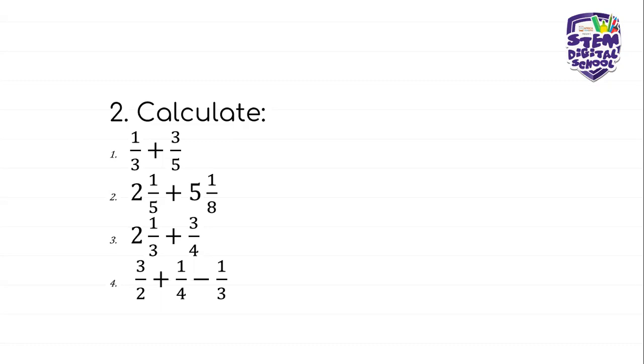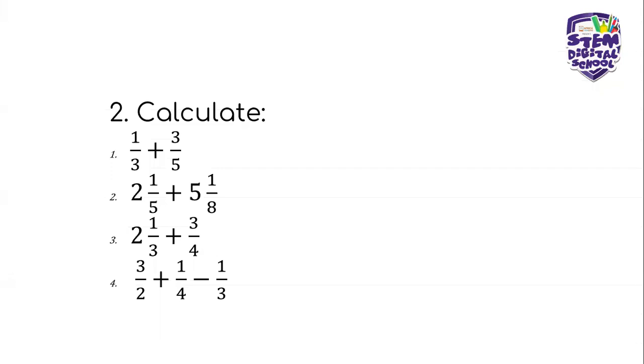I see Nosipo has got 14/15, followed by Cleo. Yes, 14/15, reason being you simply convert your denominators, you find the LCD, the lowest common denominator. And then once you have the LCD, you can add the numerators.